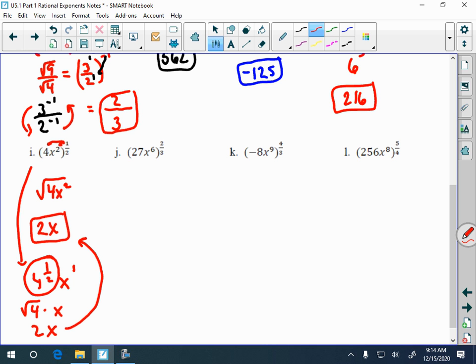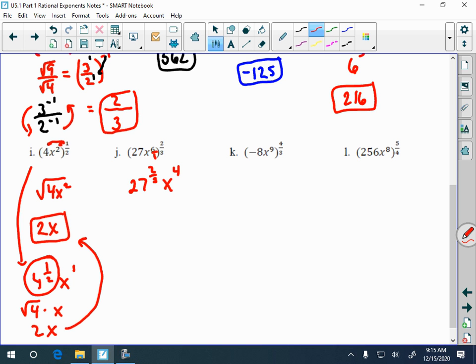So again, on J, if you want to bring that exponent in first, like distributing, it becomes 27 to the 2/3, x to the 6 times 2/3. That's 6 over 1 times 2/3. You multiply across, that's 12 over 3, which is 4.